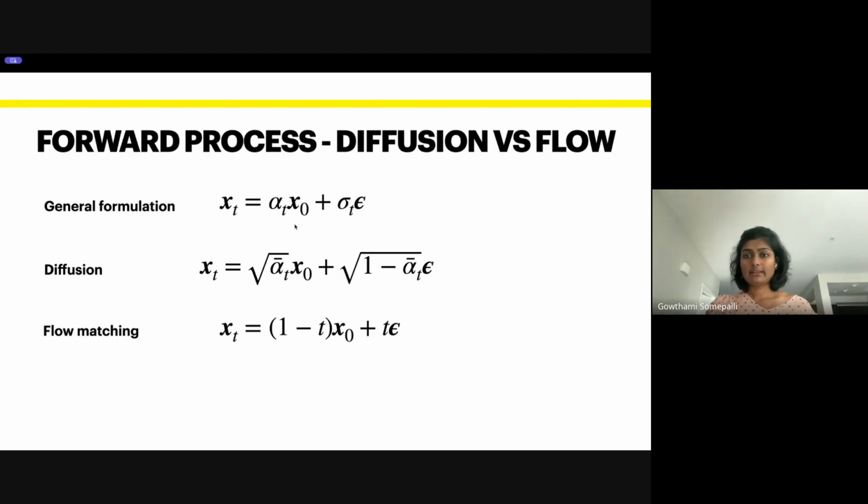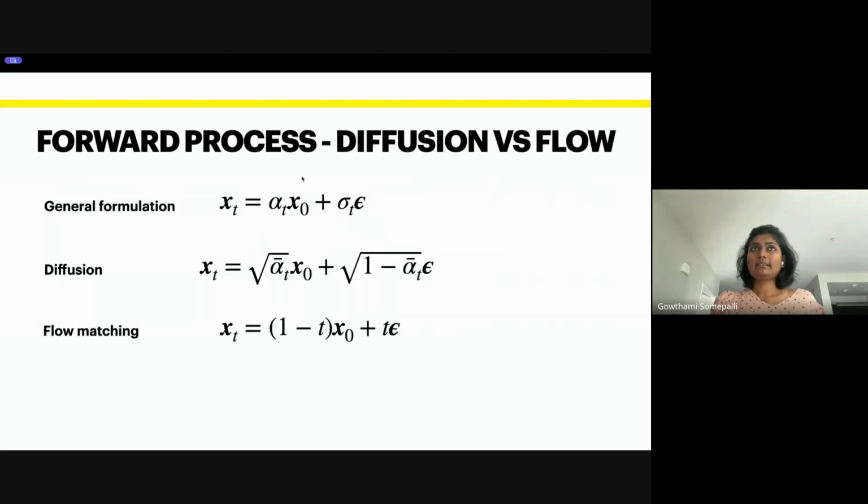So think of it this way: again, X naught is the image, and you can always represent it with a time-dependent constant. In the noising process at any given time step t, all you are doing is scaling the input image by a little bit, and then shifting by a noise amount, again a time-dependent constant, where epsilon is sampled from a unit Gaussian normal distribution.